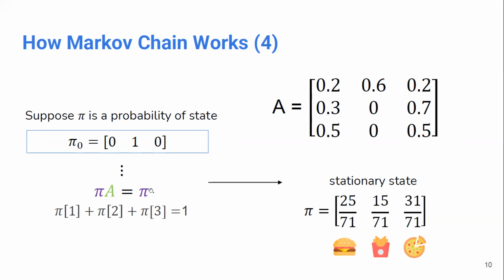The elements of pi must add up to 1 because it denotes a probability distribution. So after solving these two equations, we get the stationary state, which tells us the restaurant will serve hamburger about 25 of 71, French fries about 15 of 71, and pizza about 31 of 71.